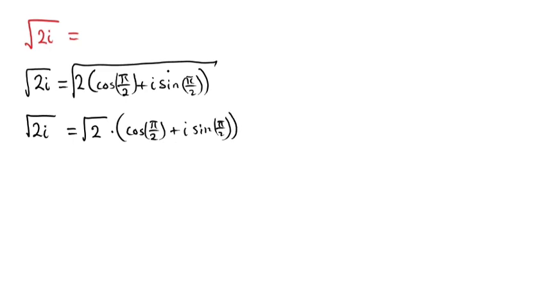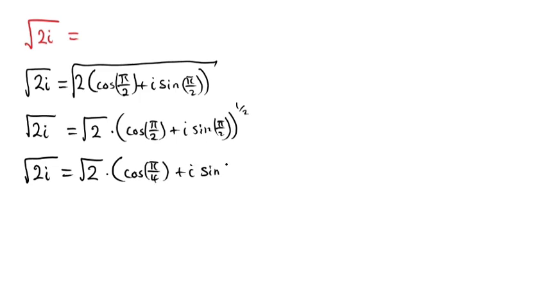Remember, we had the square root for this part, so that's power half. Now, if I apply De Moivre's theorem, this half should multiply the angle that we have, which is pi over 2. So root 2i will be equal to root 2 multiplied by open bracket cos pi over 4, we've applied De Moivre's theorem, plus i sine pi over 4.